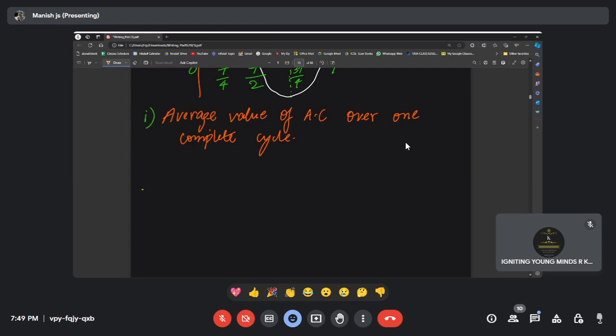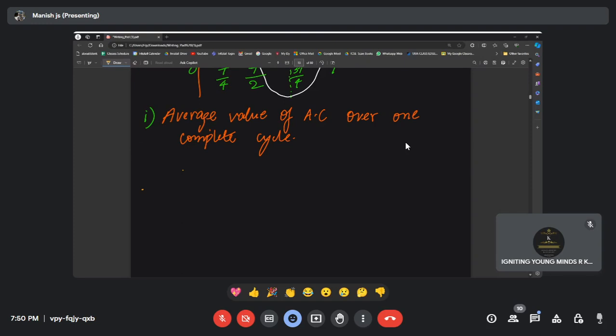For one cycle, that is one complete waveform, the time period is from 0 to T. When you find the average value for one full waveform, always keep in mind that the positive half and the negative half will cancel out, and totally it is going to be zero.